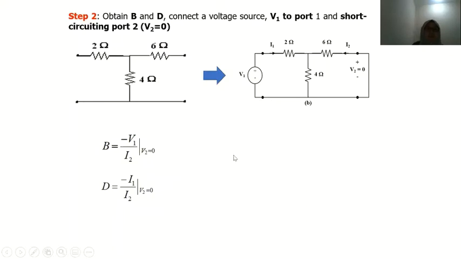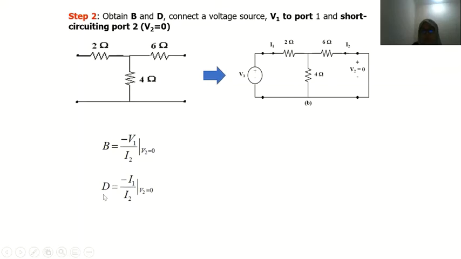So the next one is to obtain your B and D. Here, you put your V1 at your input port, port 1, and you short circuit your V2. At this condition, your B is equal to minus V1 divided by I2, and your D is equal to minus I1 divided by I2.